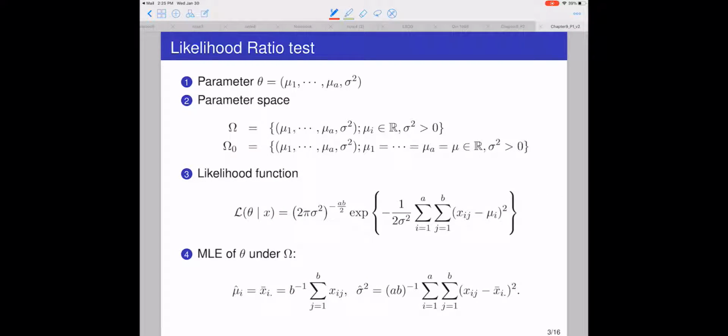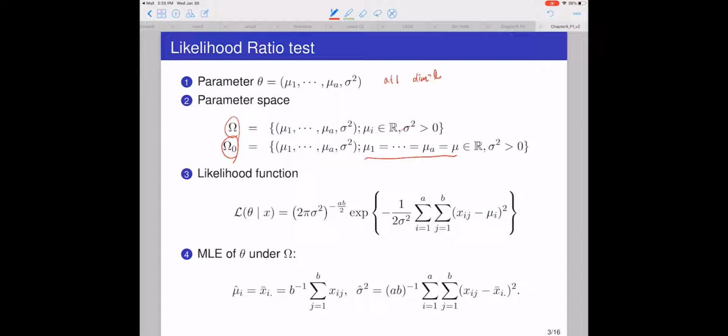Okay, so how can we do the likelihood ratio test? First, the parameter theta is mu1 to mu A and sigma squared, so A plus 1 dimensional, and the parameter space omega is just unrestricted. There's no restriction, but omega null has a restriction, right?